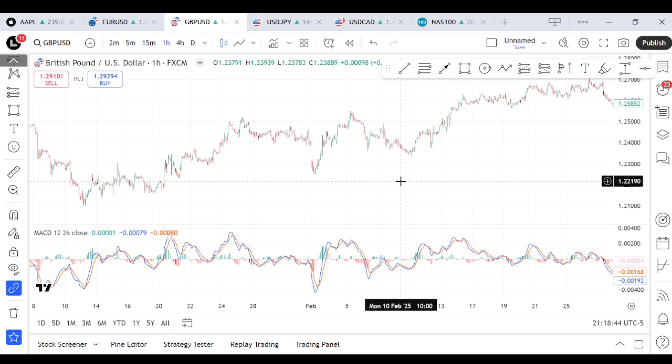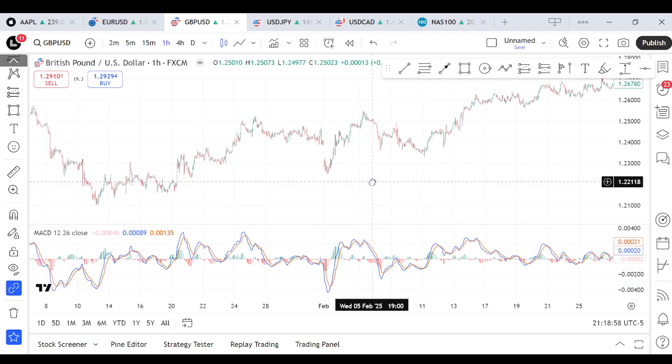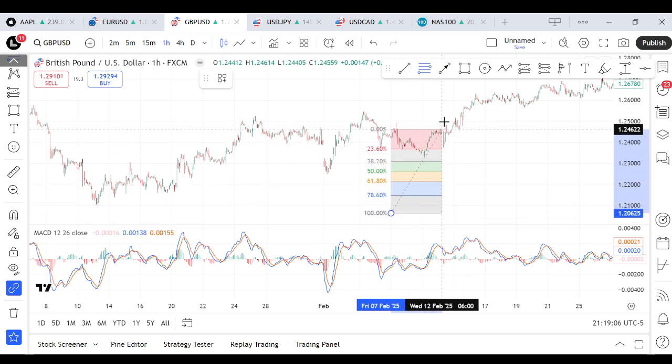So first of all, let's define the Fibonacci and the MACD indicators. The Fibonacci MACD strategy is a trading approach that combines two essential tools: the Fibonacci retracement levels and the MACD indicator. So the Fibonacci retracement is used to identify key levels where price may reverse or consolidate. This is the Fibonacci retracement.